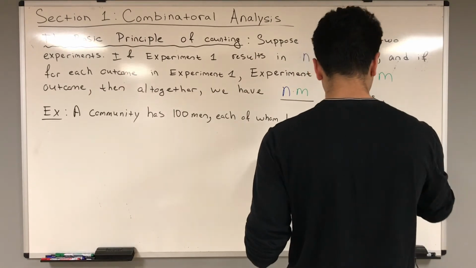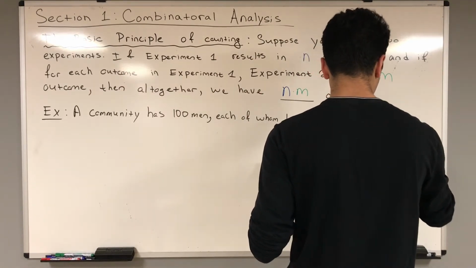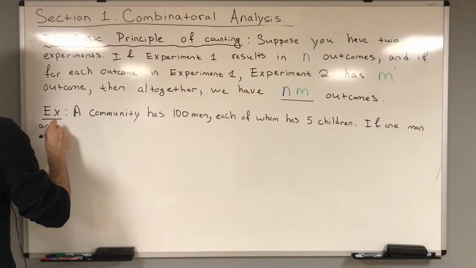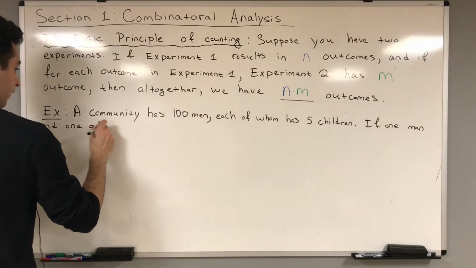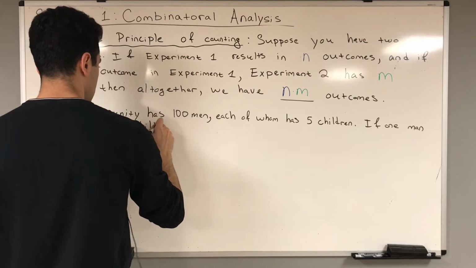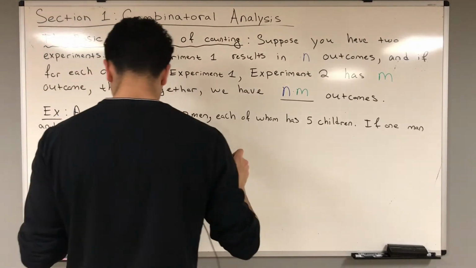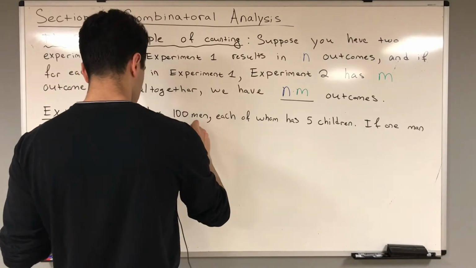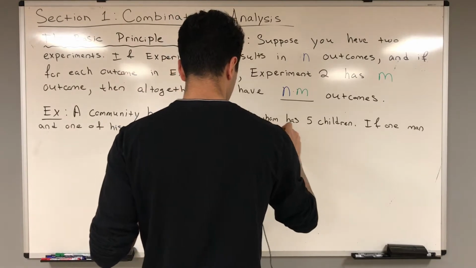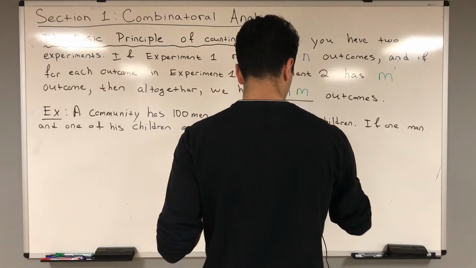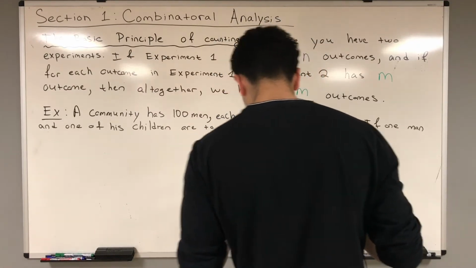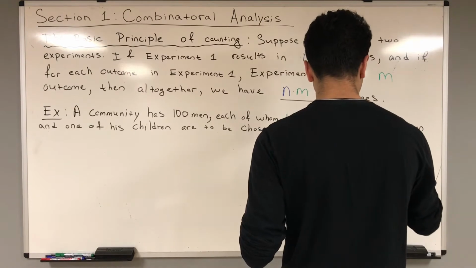If one man and one of his children are to be chosen to win $1,000, how many different outcomes are possible?